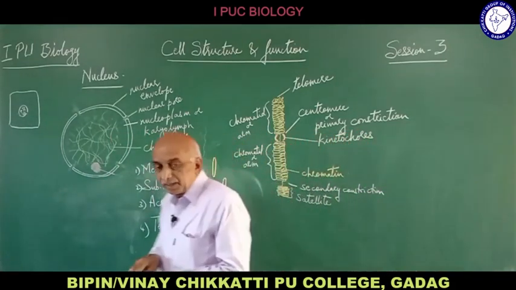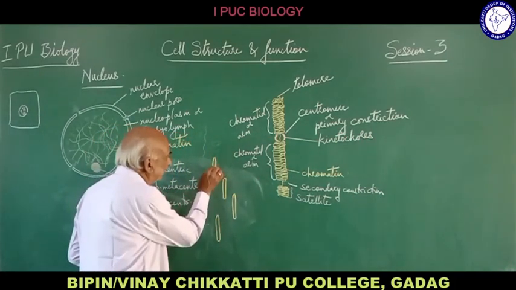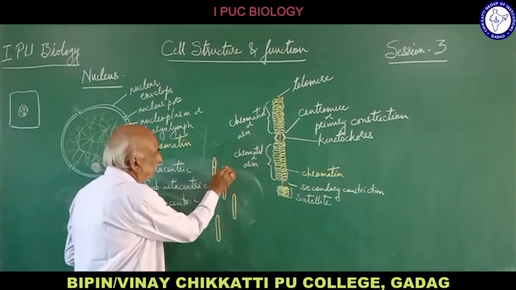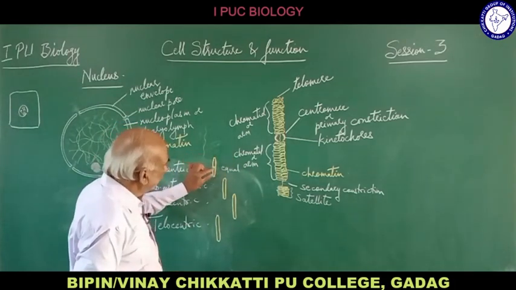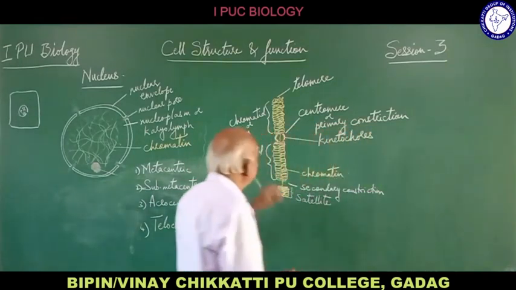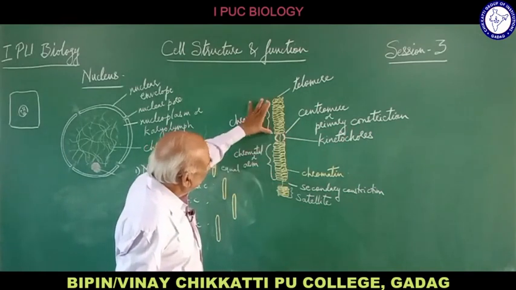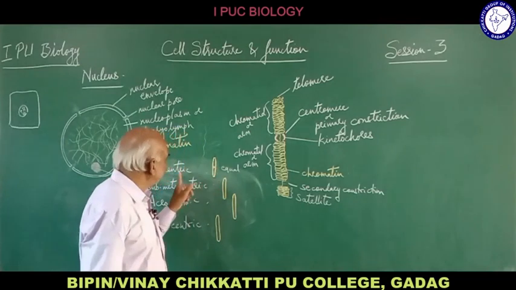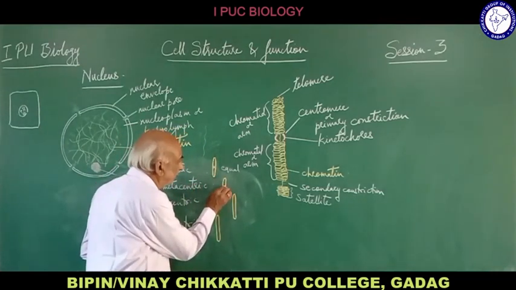Now if the centromere is present exactly in the center, it means the chromatids are equal. This chromatid and this chromatid are equal in length and size. That is called a metacentric chromosome. Now suppose the centromere is away from the center.